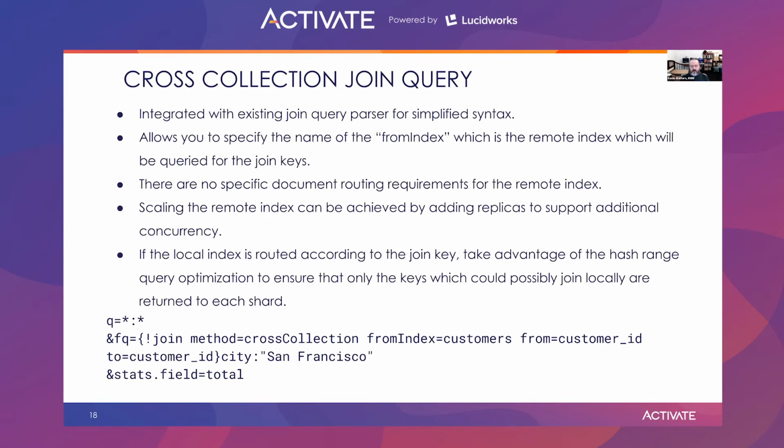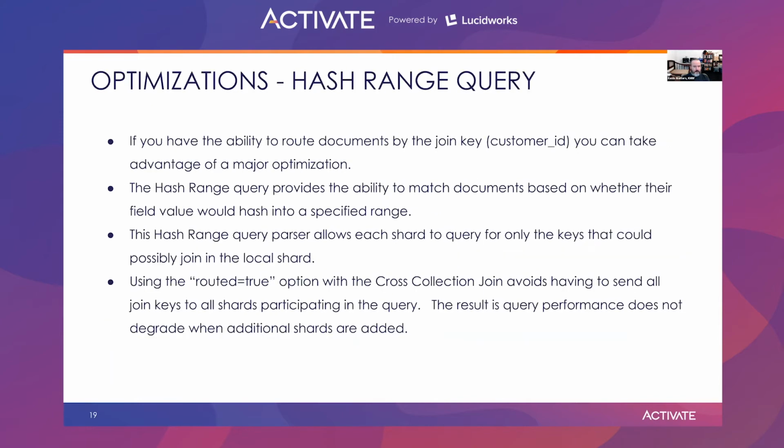Because remember, the base use case for this was for generating analytics dashboards that were looking at subsets of cohorts, subsets of populations, and doing analytics on their orders and actions. So the ability to cache the result from this join to the other collection is highly desirable, and you want to execute this as a filter query if you can.